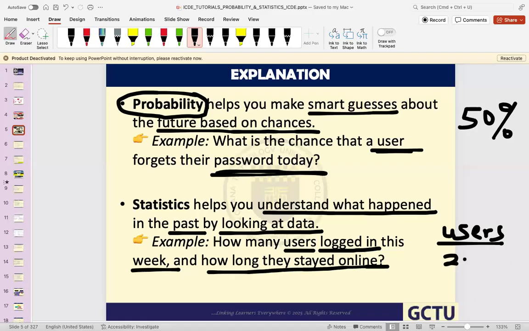So if you had 200 users yesterday, it is there. Those who came online also, if out of the 200 about 130 came online, that one also is registered. So in order to understand such things, you use statistics because you have the data already. And we call these the past data. It is not present data. It has happened already. It is not future data. It's not about to happen.